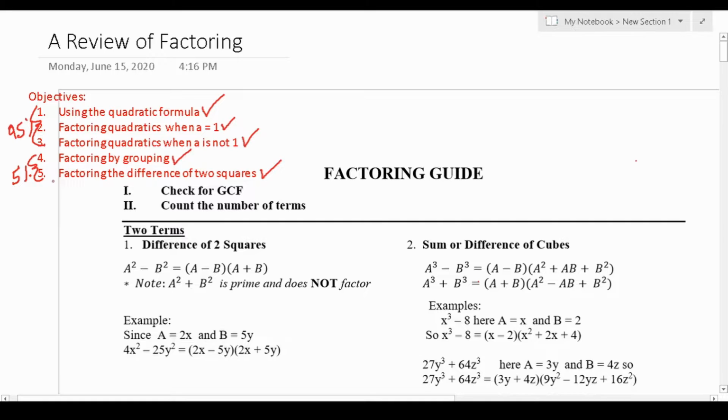That said, if you're doing especially well in the ASVAB, you will see one of these two topics almost guaranteed. In case it's helpful, I'm going to include a link to this factoring guide in the description of this video. As I go through today's problems, you may want to pull it up and take a look at it. All that said, let's get started with today's video.